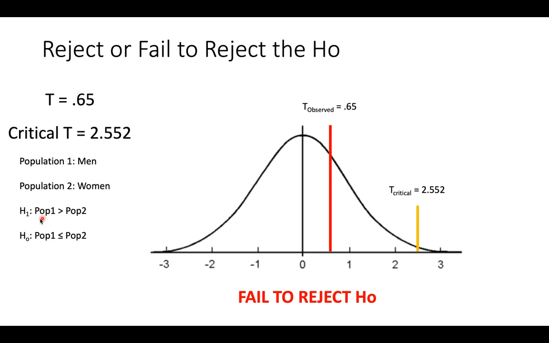We said that we wonder if men have higher resting heart rates than women. We start with the idea that they don't, that they're either less than or equal to. And we will only move away from this default location if the data suggest that we should. The data do not suggest that we should. The data are not convincing. So we retain the null hypothesis. We fail to reject it.